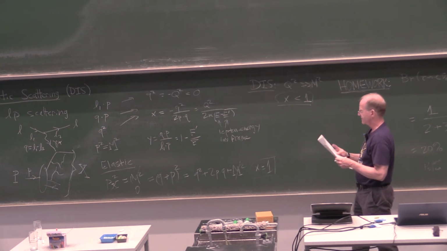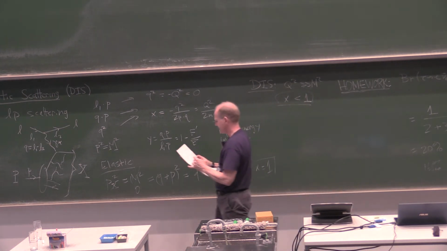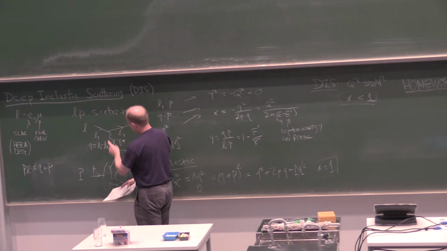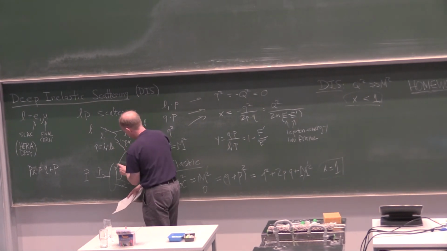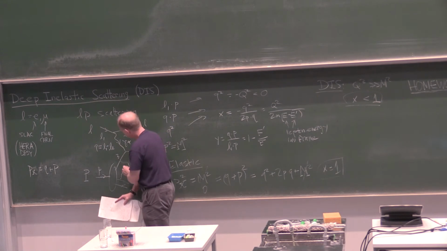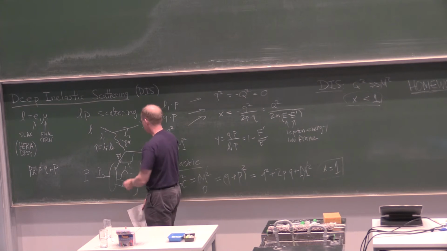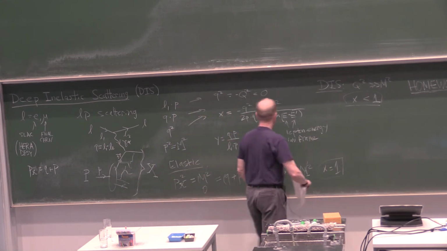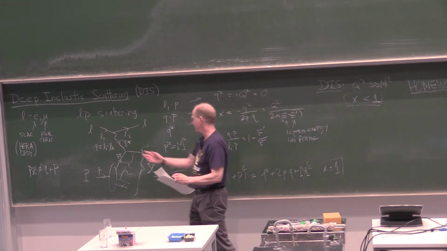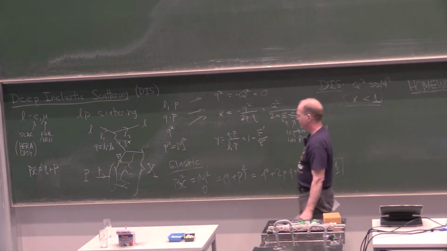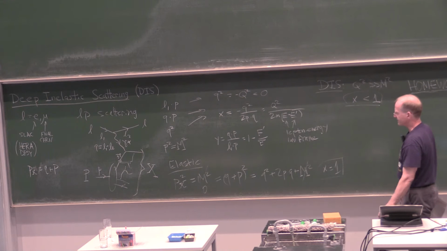Now, another thing you can do is imagine that the actual collision involved a particle that had a momentum c times the momentum of the proton, and it collided with this virtual photon and produced an object that was also massless.